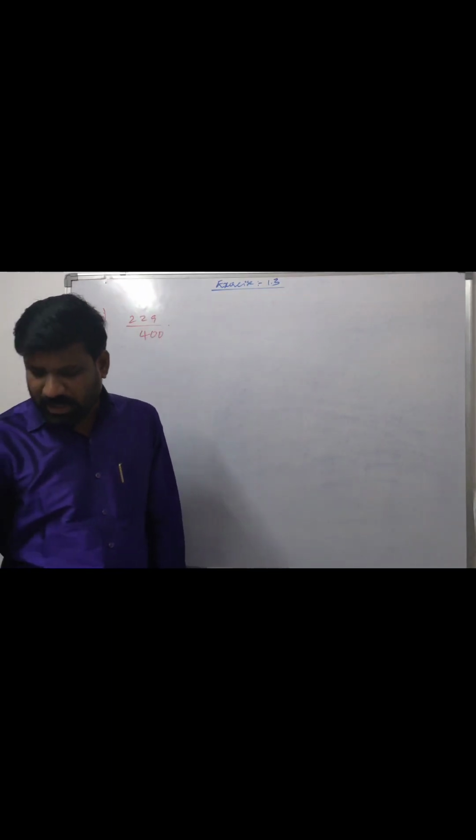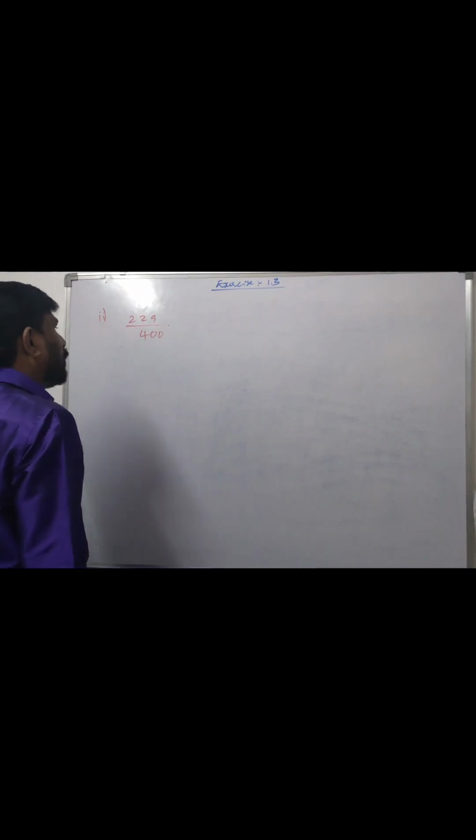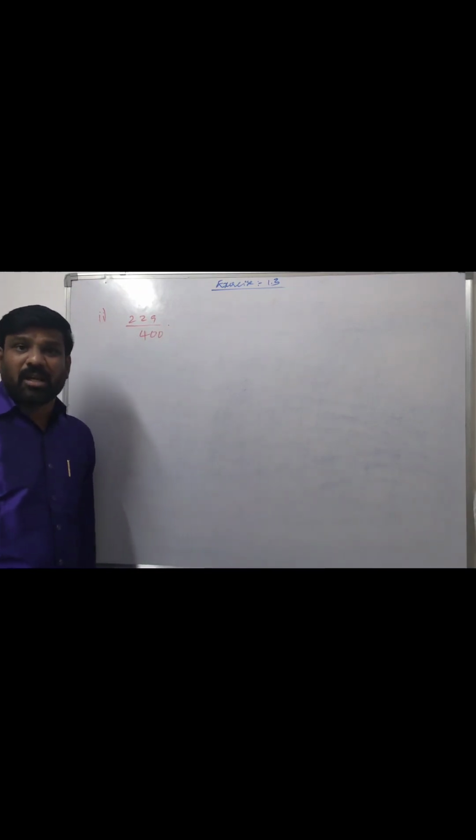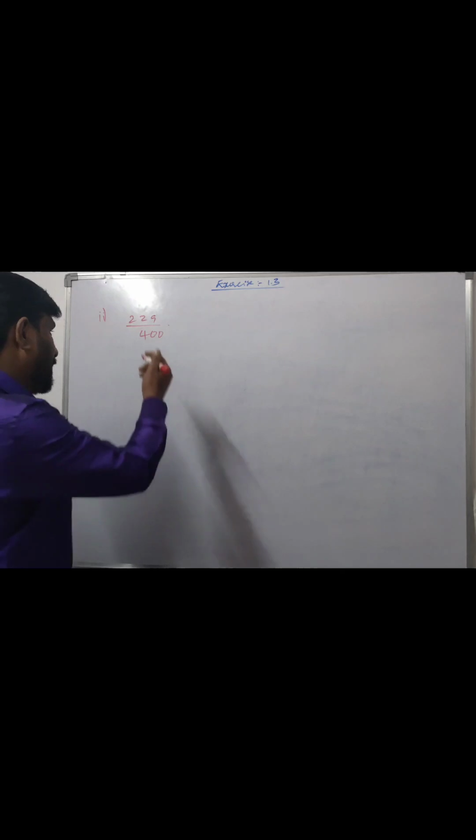What is the decimal form of this rational number, and also state whether this is terminating or non-terminating decimal. Clearly, when the denominator is in the form of 2 to the power n into 5 to the power m, where n, m are non-negative integers, then definitely that will be a terminating decimal form. For this, you try to solve by the normal division method only.